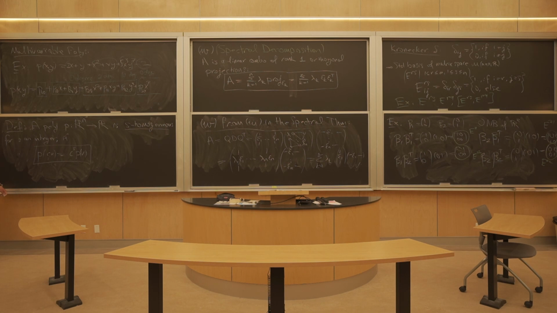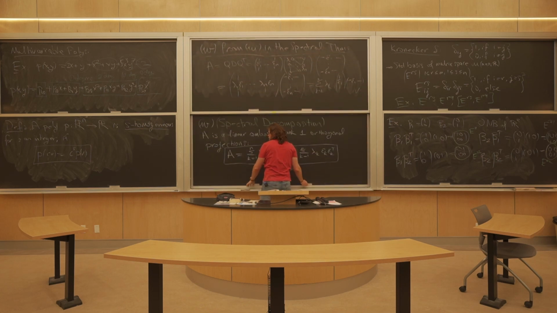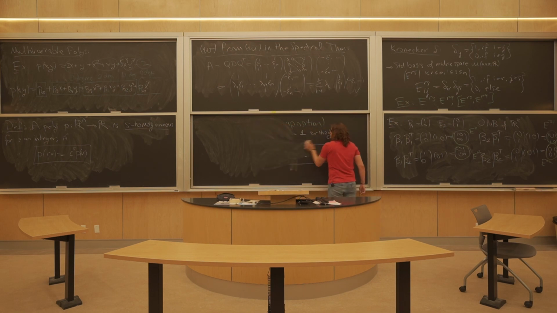A quadratic form on Rn is going to be a 2-homogeneous polynomial. Two homogeneous.